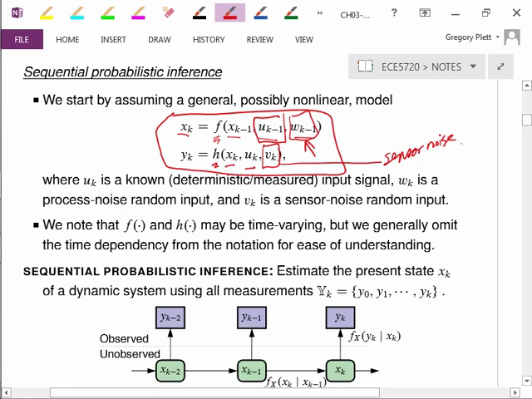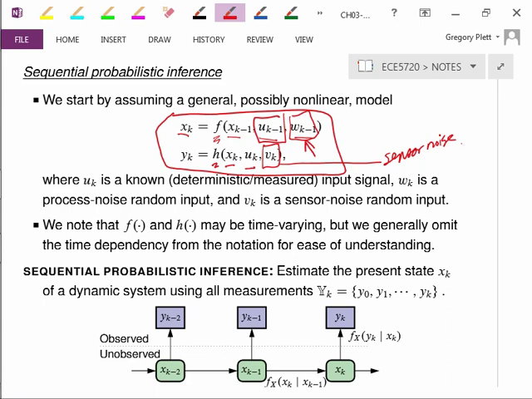I didn't really know any good way of avoiding confusion one way or another. F and H are functions. They could be time varying. I'm not going to put the time dependency in the equation. It could be nonlinear, as we mentioned. They're just descriptions of how the state progresses over time and the output is computed. And again, the ESC model is in this form already.